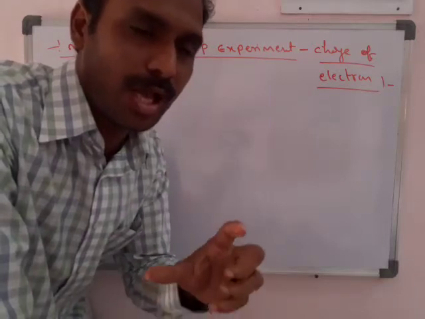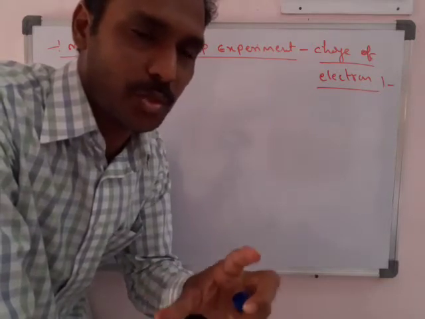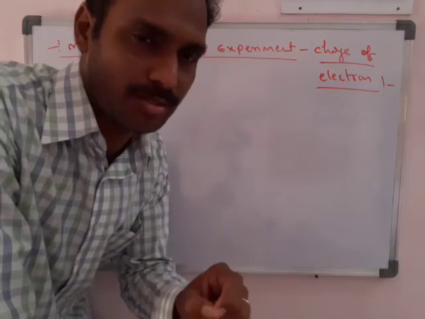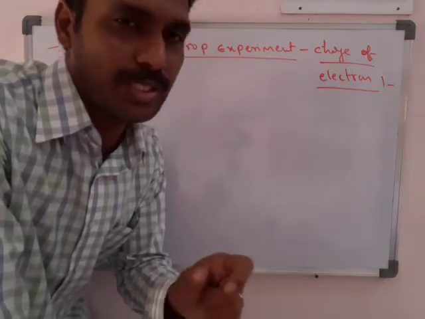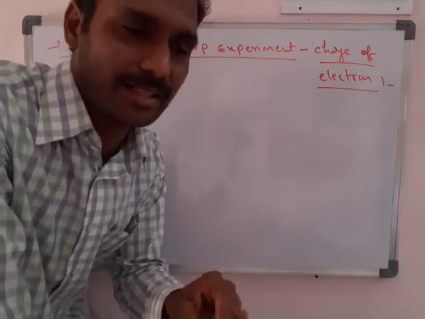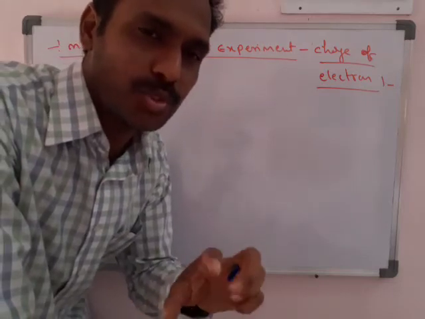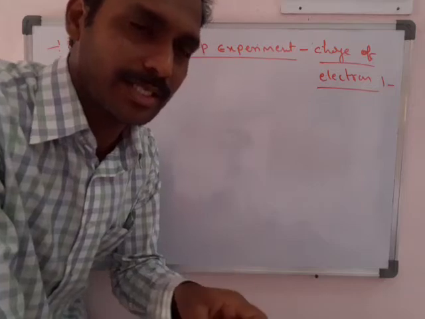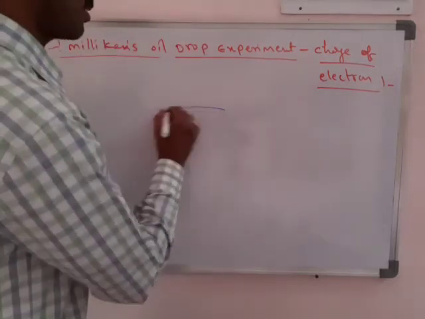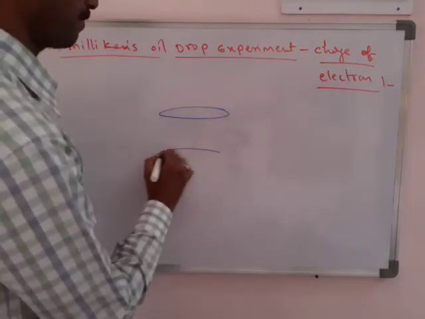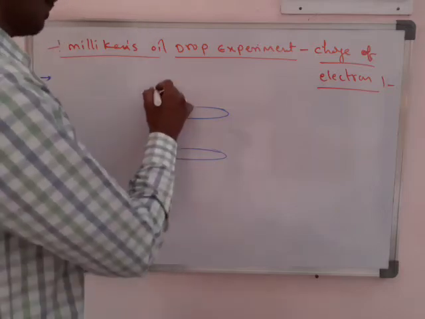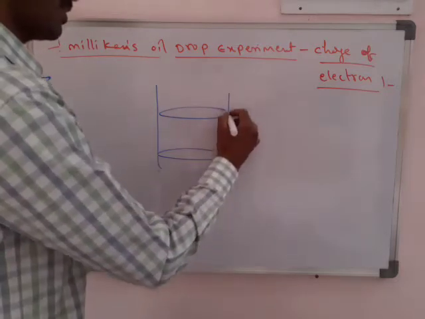He used oil drops to know the charge present on the electrons. He used an electric condenser. An electric condenser has two plates like this, and there is a separate chamber.